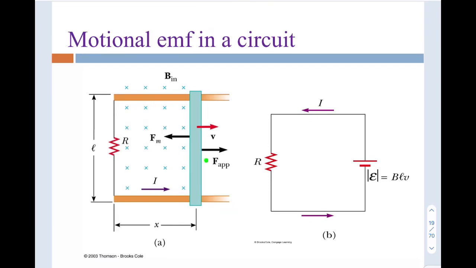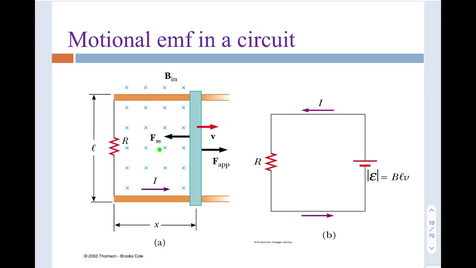Pulling this will cause the area of the loop here, which is constructing a loop of conductor, to be increasing, isn't it?